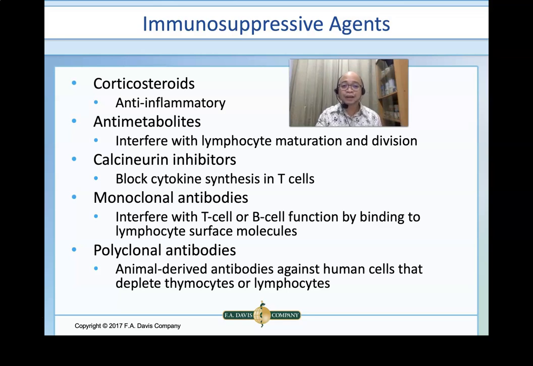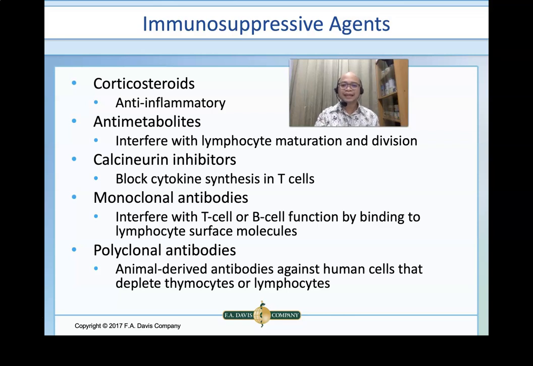FK506 is also known as tacrolimus. They block the signal transduction in T lymphocytes, resulting in impaired synthesis of cytokines such as interleukin 2, interleukin 3, interleukin 4, and even gamma interferon.